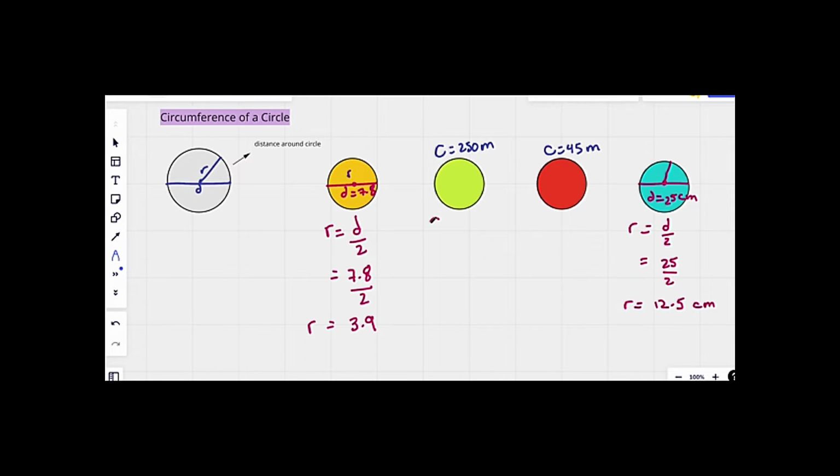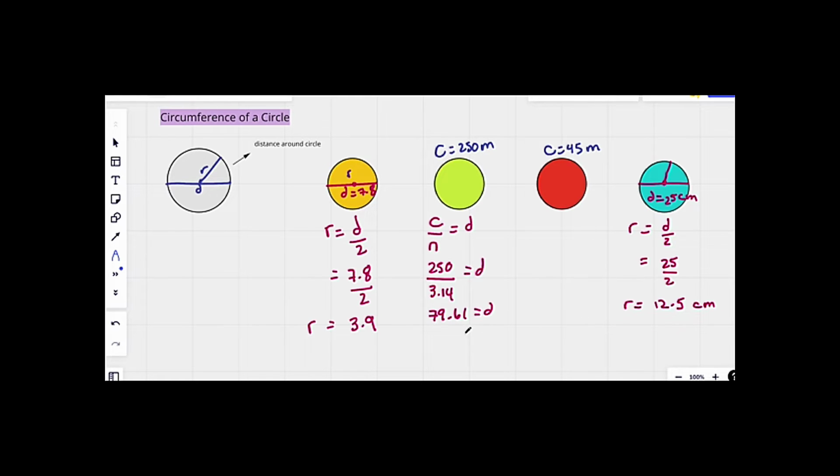Well, the easy way is remembering the formula of circumference over pi equals diameter. So our circumference is 250 over pi, which is 3.14. That's going to give us our diameter, and we've got here 79.61, which equals our diameter.